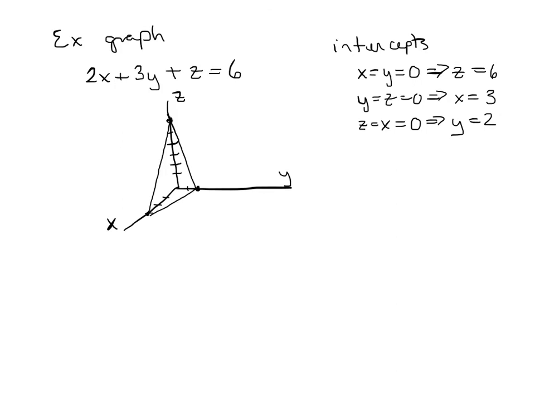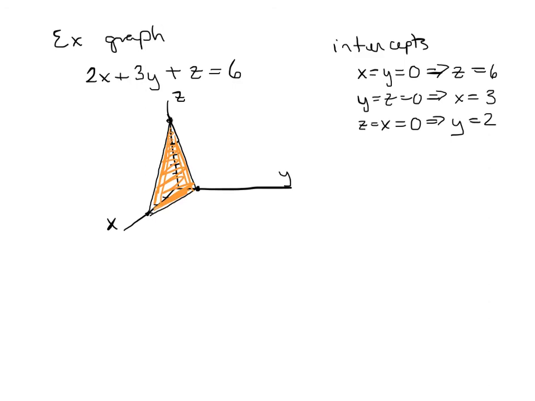Right, so here is a plane. Now really it is in all dimensions, so you have to think of it as a piece of paper that is extending out in all different ways.